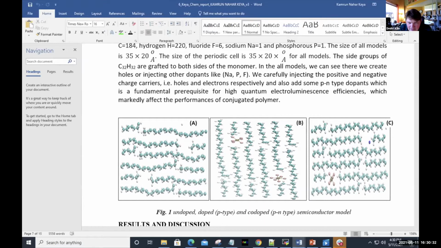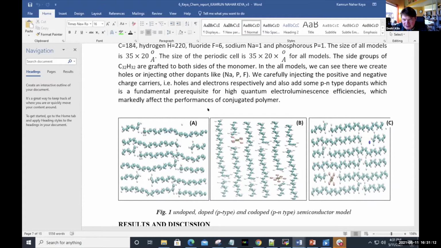Mead, would you like to type or speak? What is P and what is N? Kia, please do not move. We just discuss it verbally. I'm sharing my screen, so I'm not able to see anything. So Mead is suggesting that N is nitrogen, P is phosphorus. Do we agree with it?